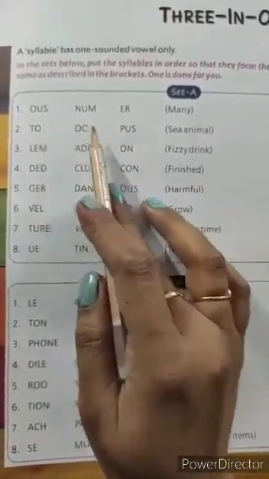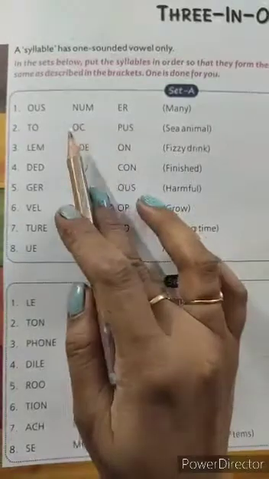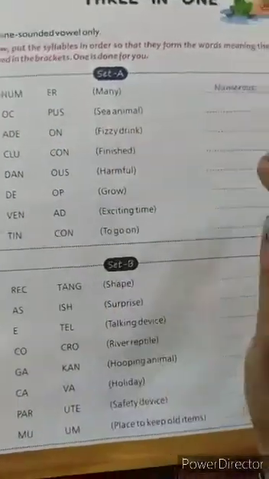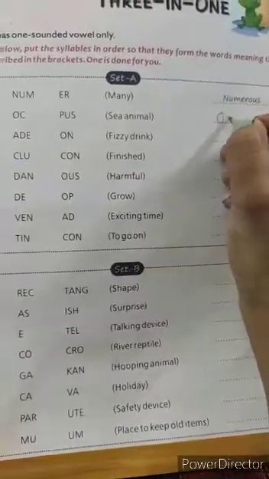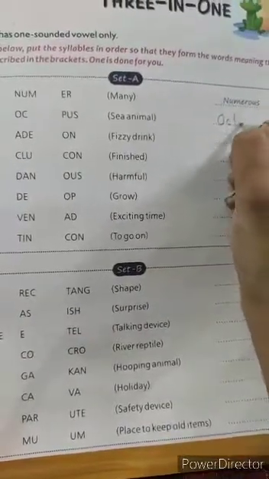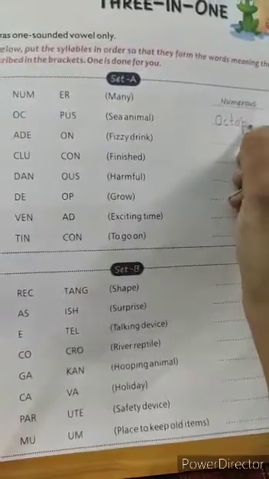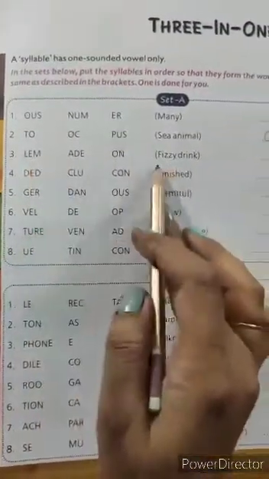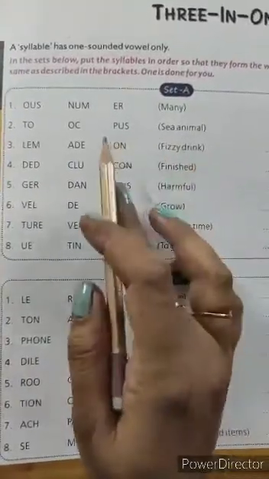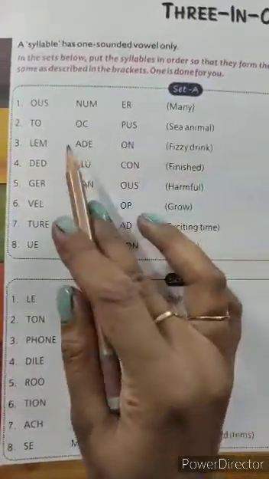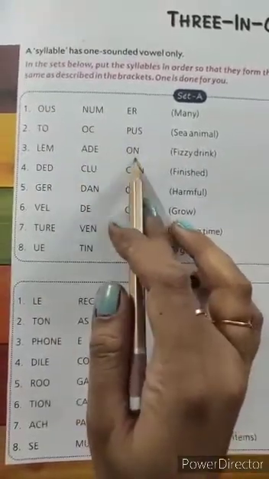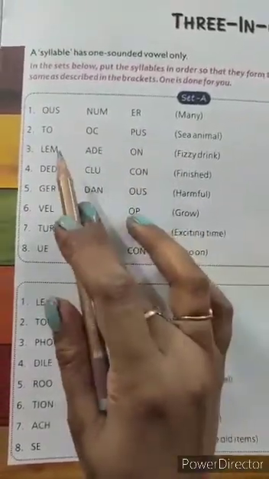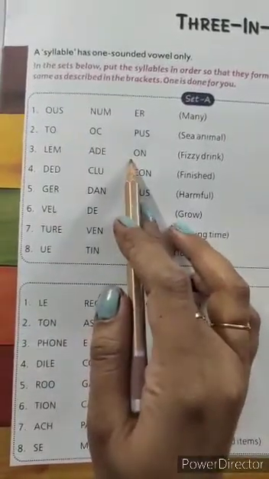Here it is divided into 3 parts. Octopus is a sea animal, so we will write over here octopus. Okay. Now, it's a fizzy drink. What is a fizzy drink? Lemonade. So, lemonade.